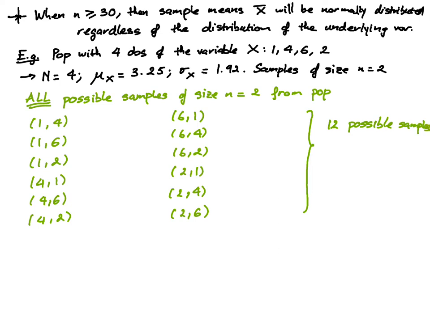So for each of these samples, I want to calculate the sample mean. So I have x1 bar of 2.5, x2 bar of 3.5, x3 bar of 1.5, and so on and so forth. Okay?